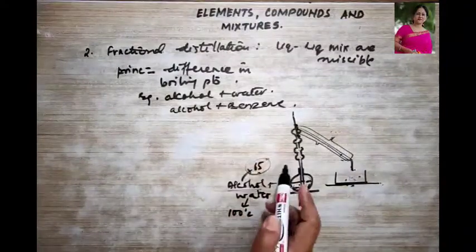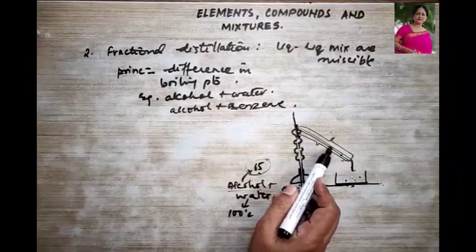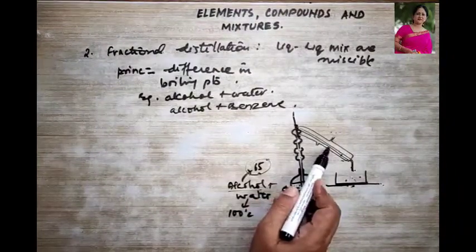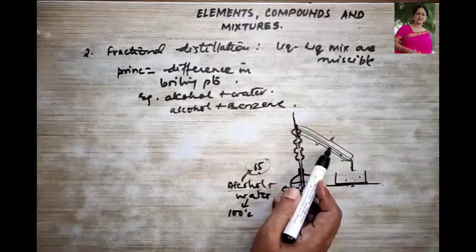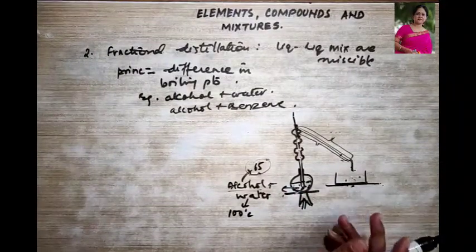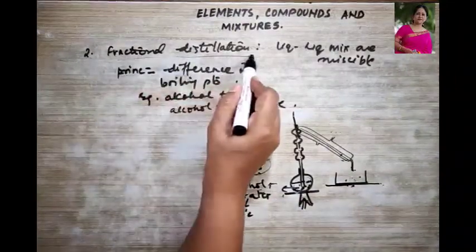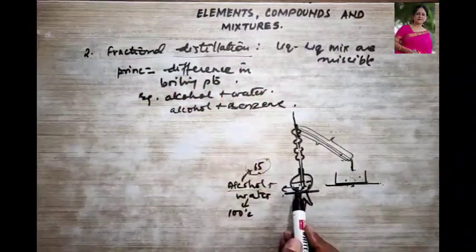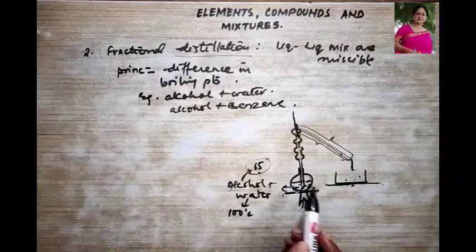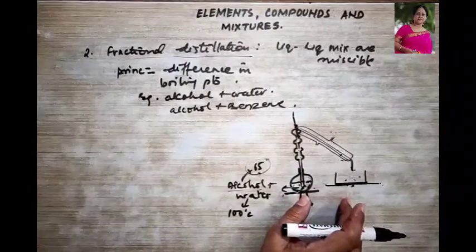The vapors of alcohol are going up, and as they move into the Liebig's condenser, they cool and change back into the liquid form, which is collected in the funnel like this. Okay, so this was the fractional distillation method, in which we separate the miscible liquids on the basis of difference in their boiling points. Okay.